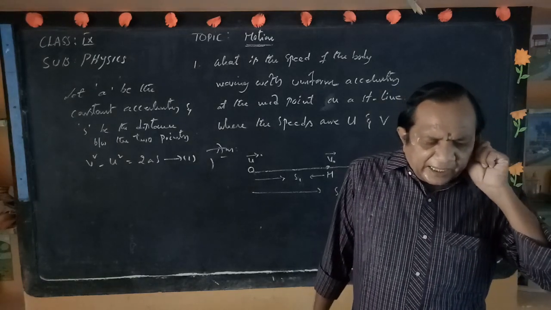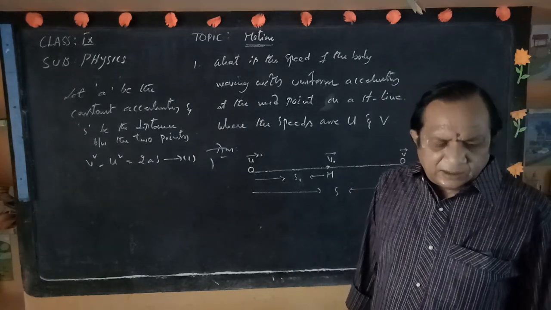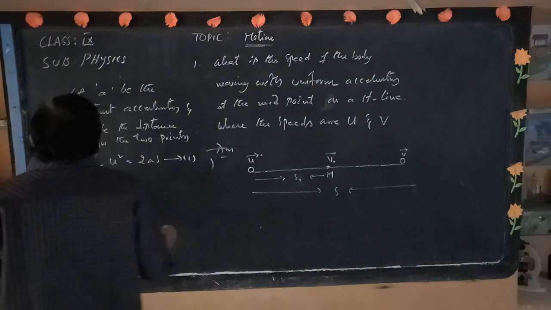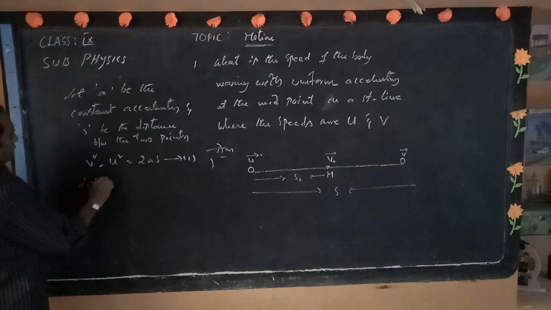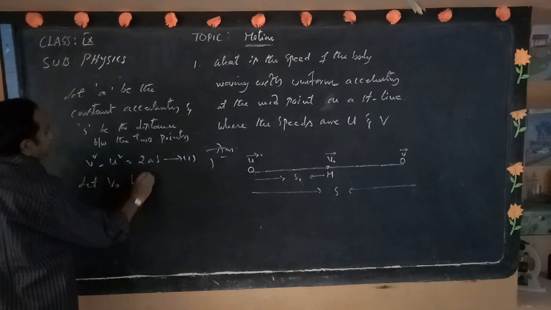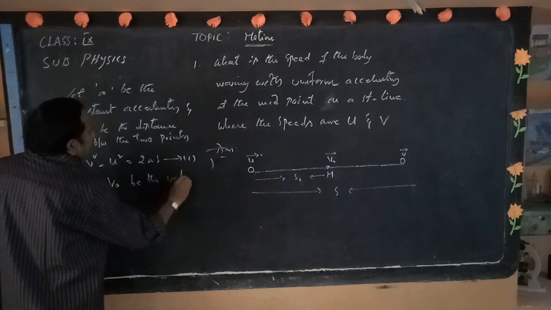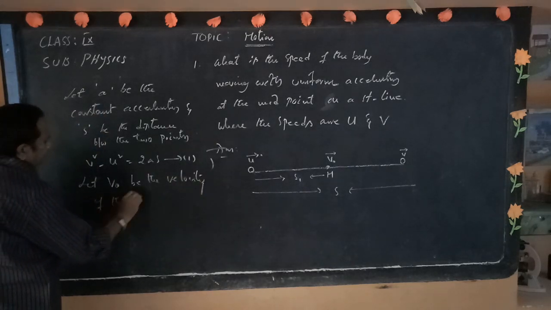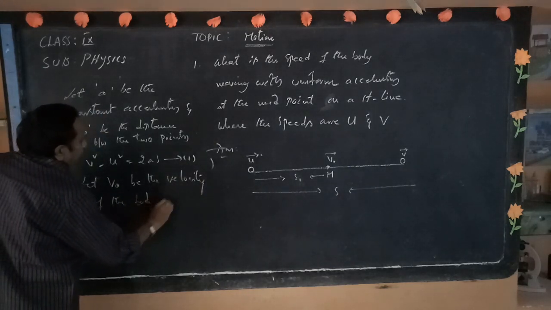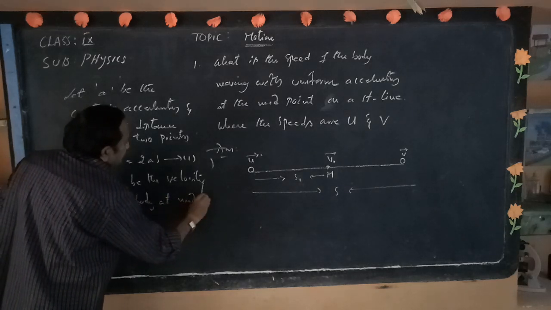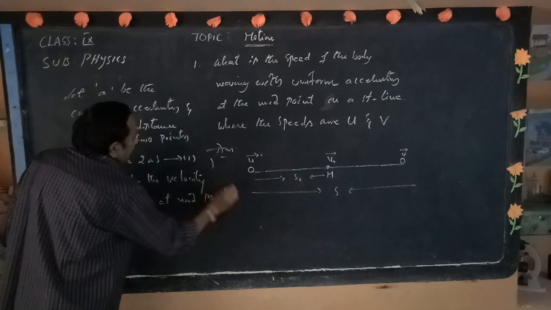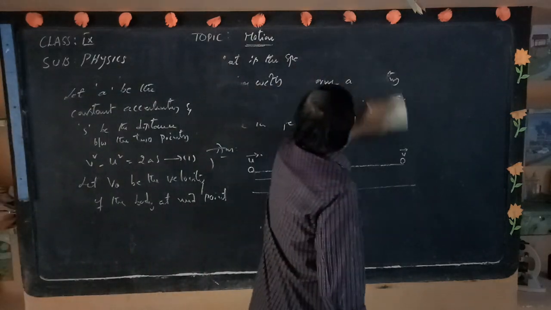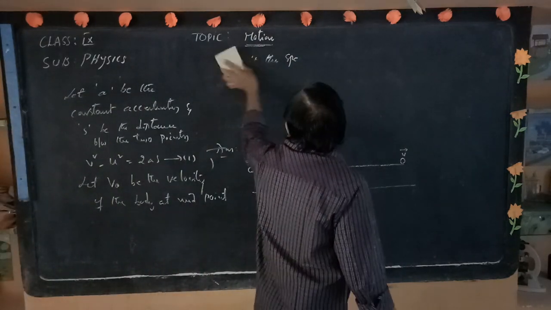Let V0 be the velocity of the body at midpoint, and the distance is half of the total distance covered.